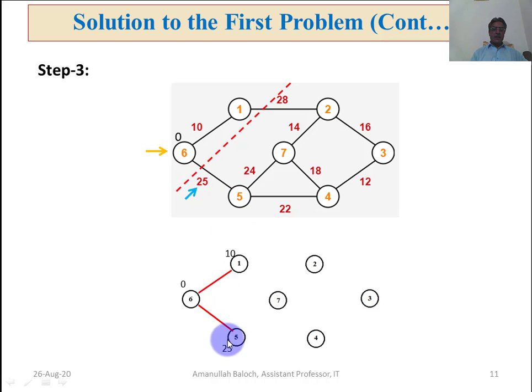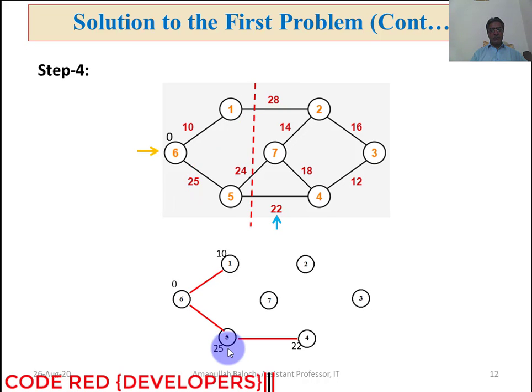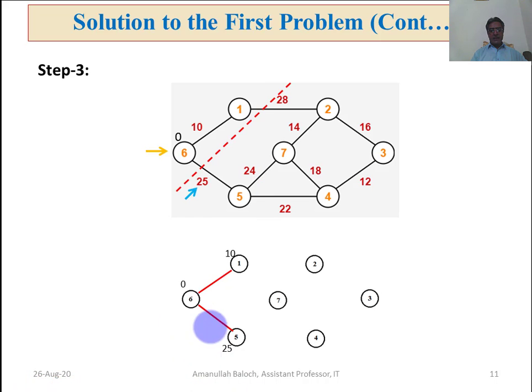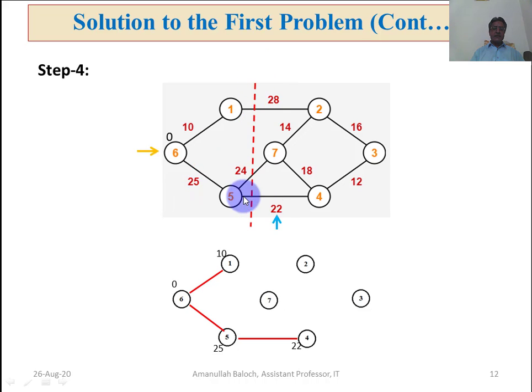Next, we will place an edge here like this, and these 3 will be unprocessed and these 4 will be processed nodes. Because 4 nodes have been processed and 3 are unprocessed, we will place an edge this way, which will separate the processed and unprocessed nodes. You may see it here, and this edge is cutting edges of weight 28, 24, 18, and 12.